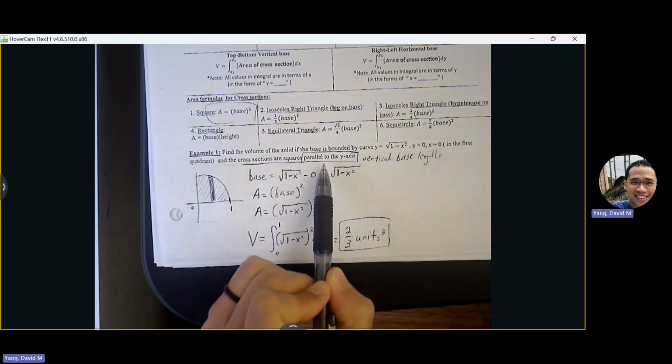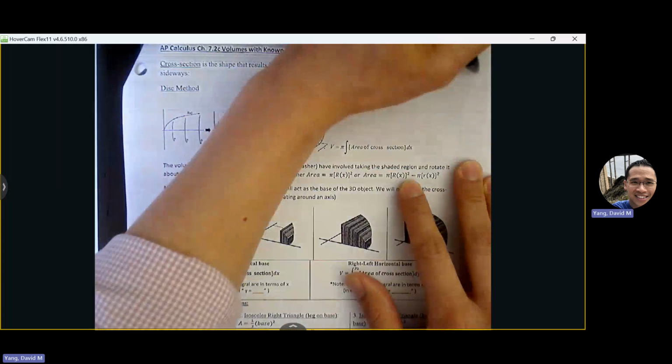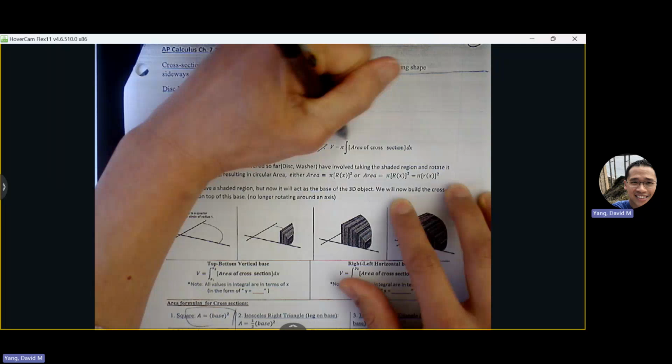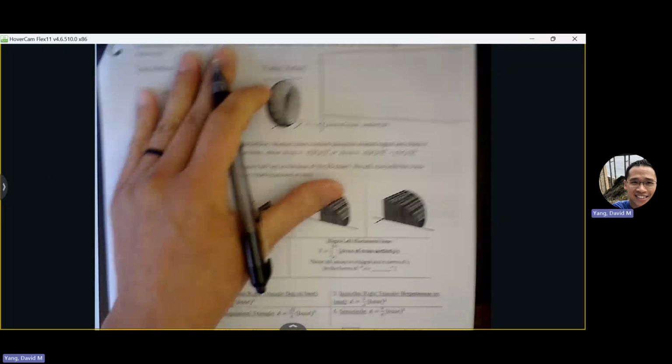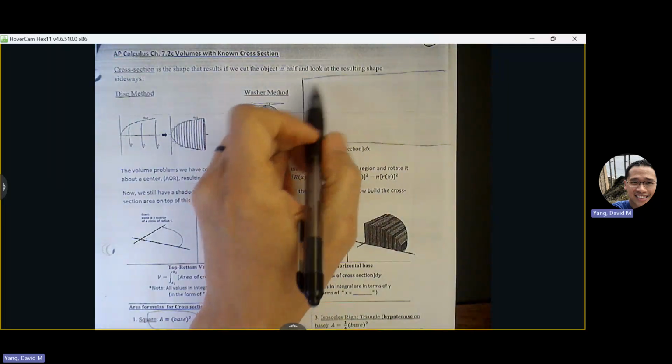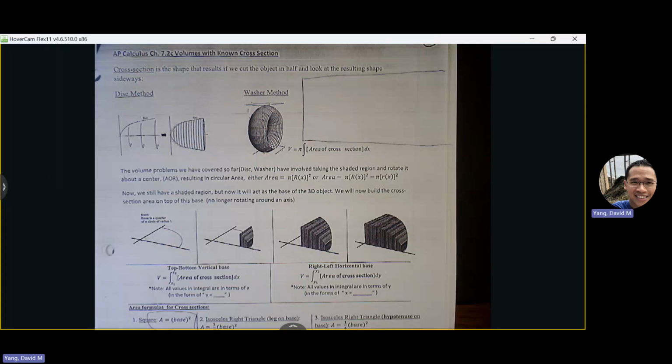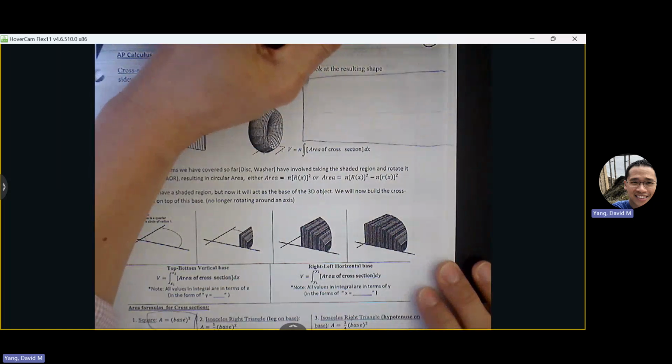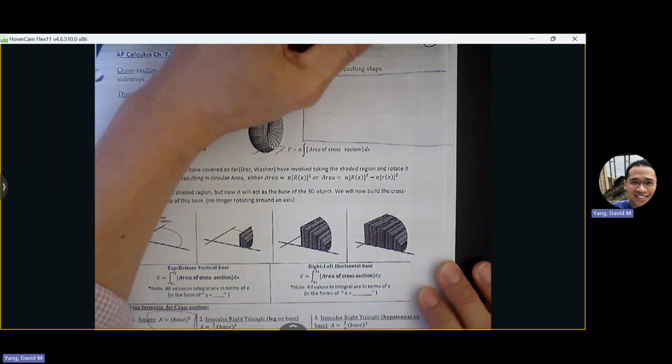I think this is a potential issue on tests or quizzes. Sometimes we assume, oh, I see parallel, so that must mean vertical, or I see y-axis, so that must mean vertical as well. So let me write down those 4 variations of directions. I'll put this at the very top.